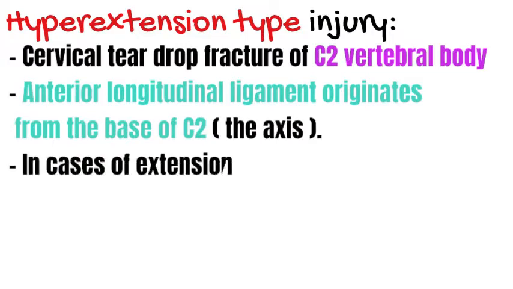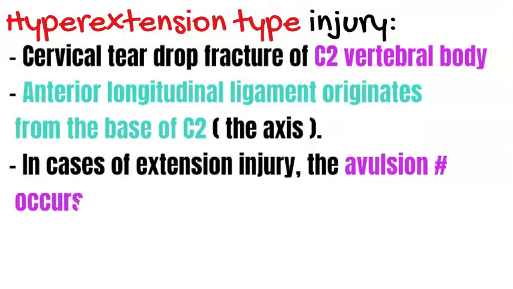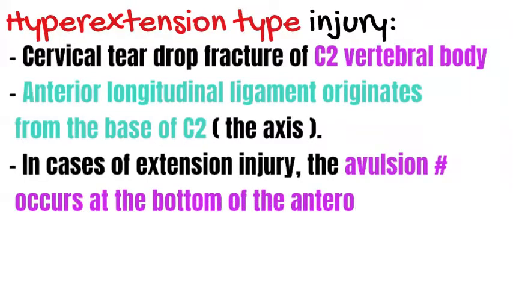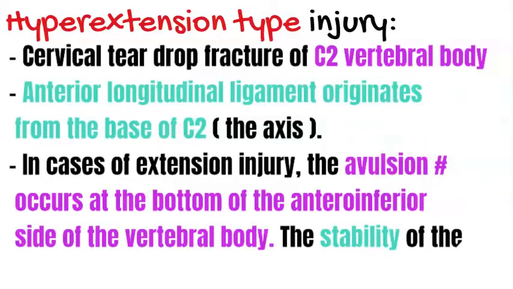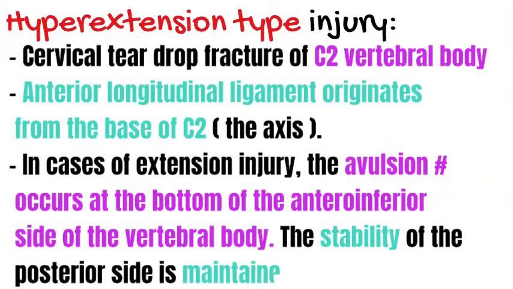The anterior longitudinal ligament originates from the base of C2, the axis. In cases of extension injury, the avulsion fracture occurs at the bottom of the anterior-inferior side of the vertebral body. The stability of the posterior side is maintained.